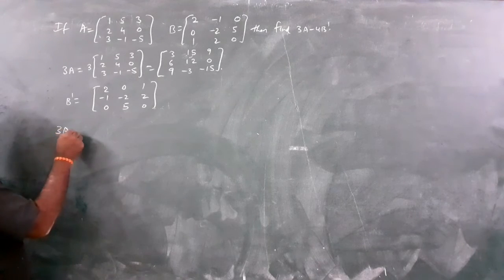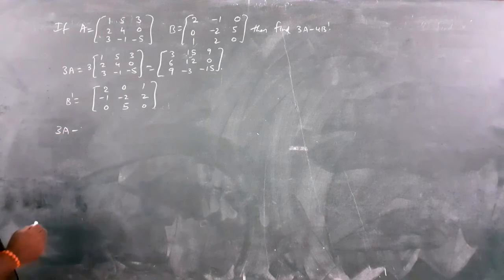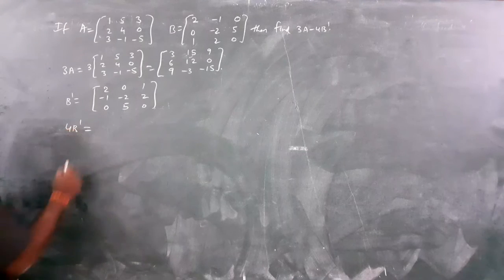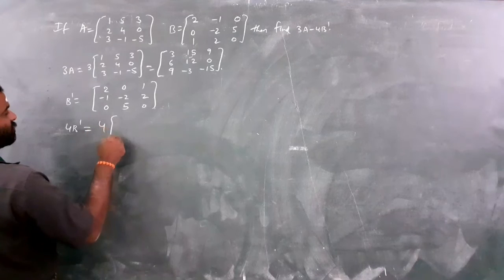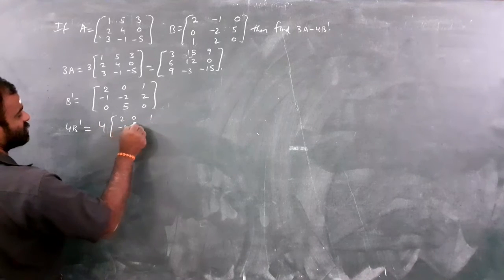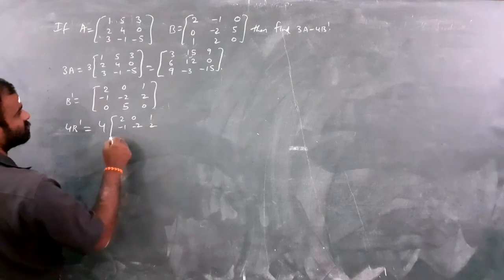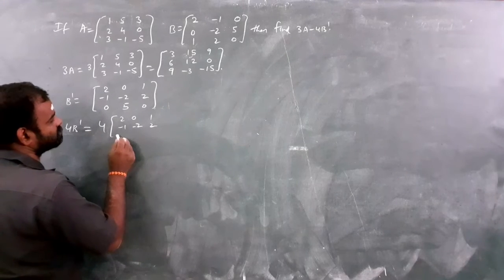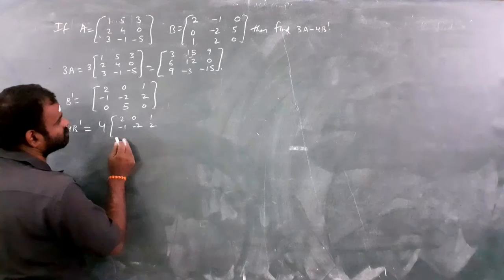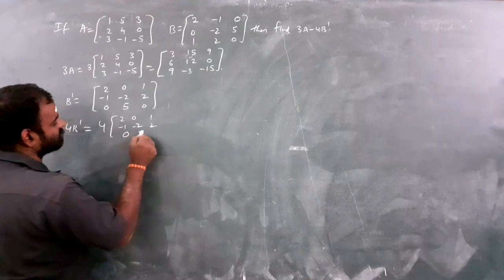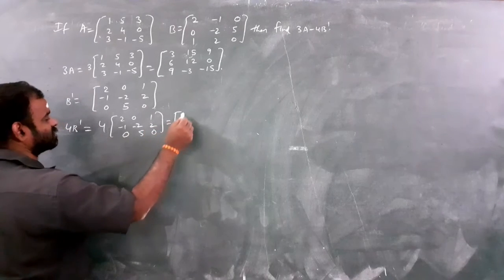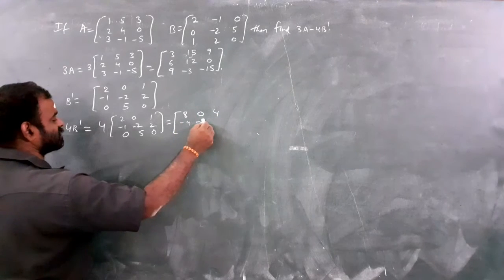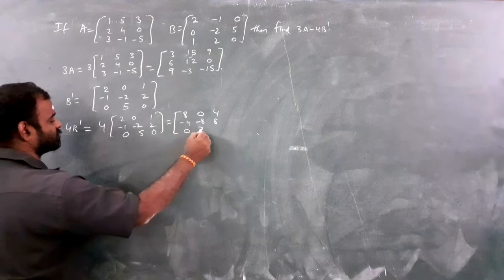Then 3A minus, oh sorry, you have to get 4B dash also. So 4B dash equal to 4 into B dash, 2 0 1, minus 1 minus 2 2, 0 5 0. So you have to multiply it: 8 0 4, minus 4 minus 8 8, 0 20 0.